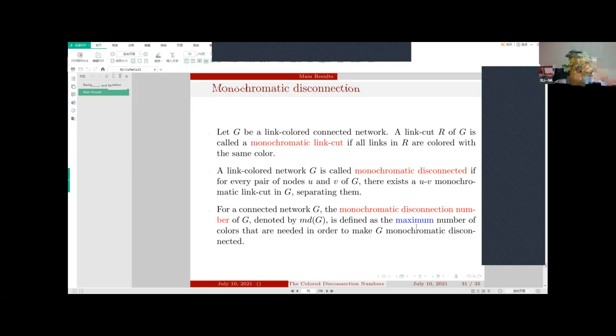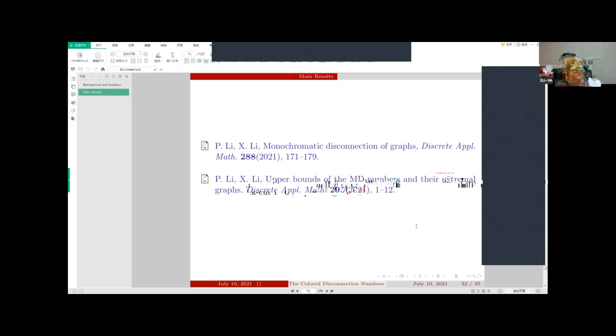Every cut is monochromatic, but now you need to consider the maximum number of colors. So for every pair of nodes, you have monochromatic cuts to separate them. This is the difference: for proper or rainbow, you count the minimum number of colors; for monochromatic, you count the maximum number of colors.